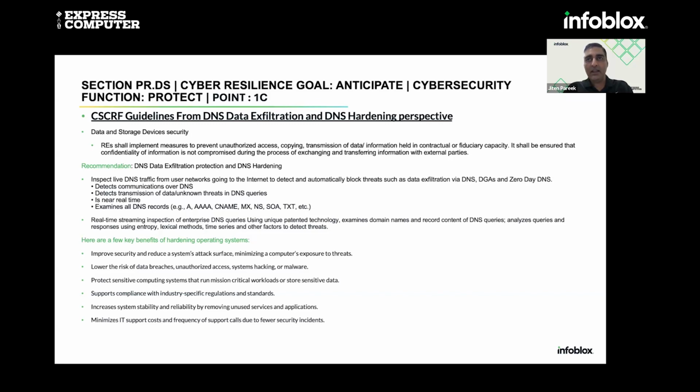The reason being that nowadays data is being exfiltrated and infiltrated in the form of DNS queries and responses. And you know that Active Directory DNS or the legacy system does not provide a hardened OS, which leads to maximizing the exposure to threats.